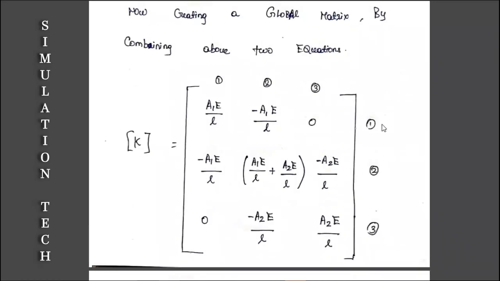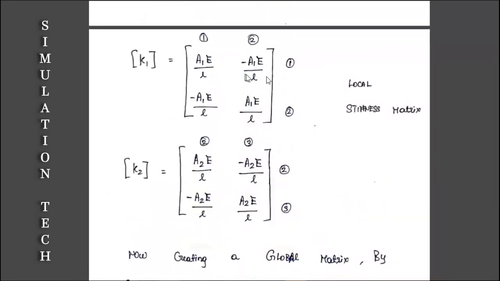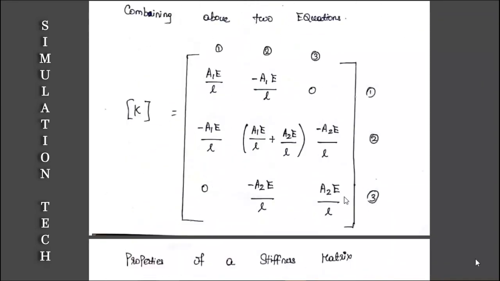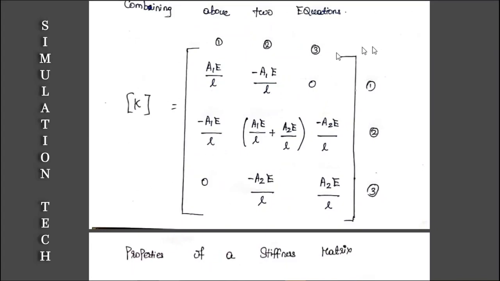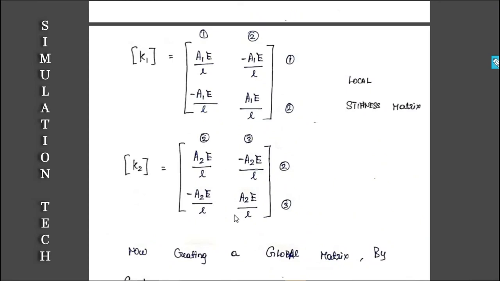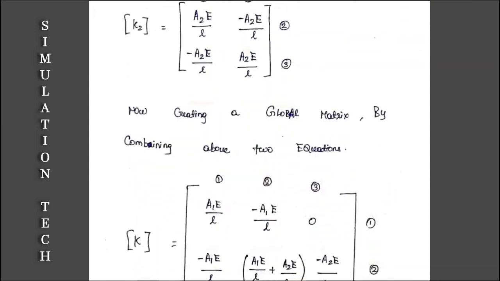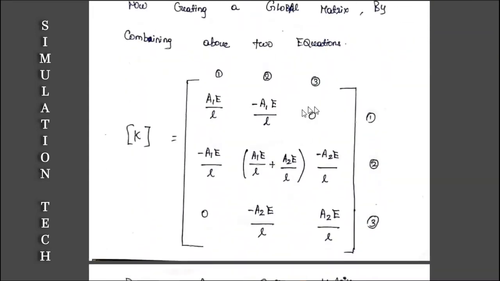And for 2 and 1 we have minus A1 E divided by L. And 3 and 1, where is 3 and 1? Here we don't have 3 and 1. We don't have any 3 and 1 row or column values over here, so just put 0 in that position. If no value exists in the local stiffness matrix, put a 0 in that position.